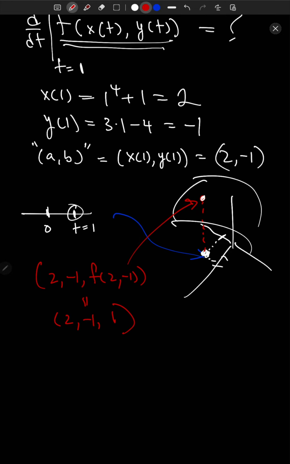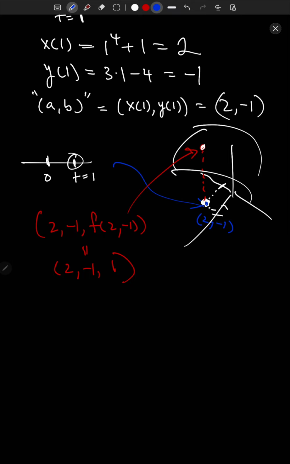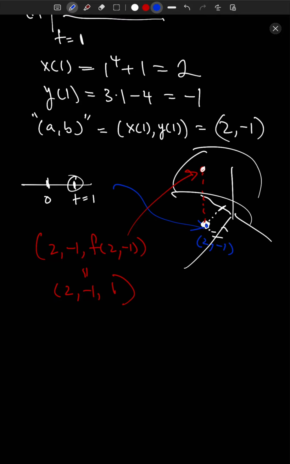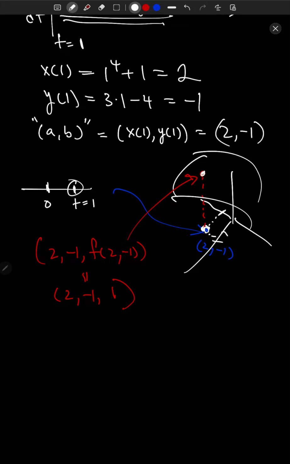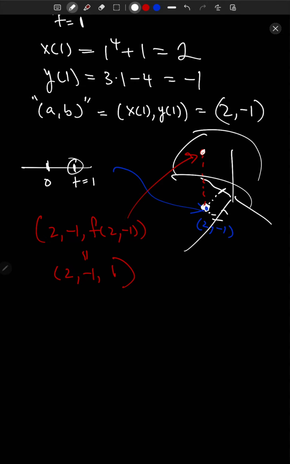Okay, so in terms of this picture, we know exactly where everything is. That point is 2 comma minus 1. This point is 2 comma minus 1 comma 1. So how does the function change there? Well, now we can just write down our chain rule formula. We have all the ingredients in terms of what we're going to be plugging in at the end.